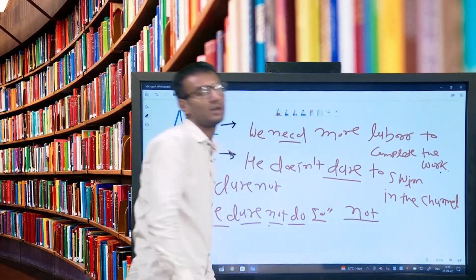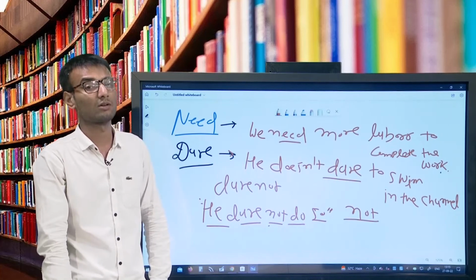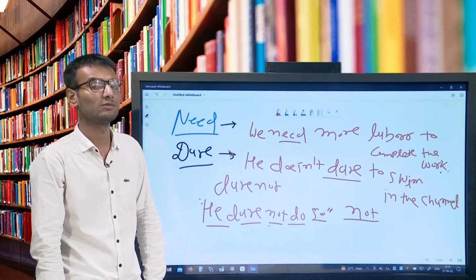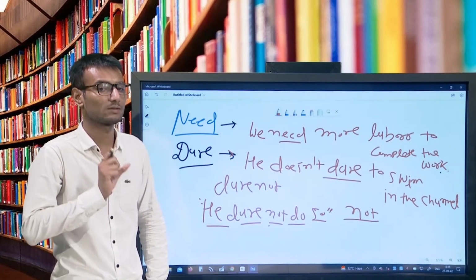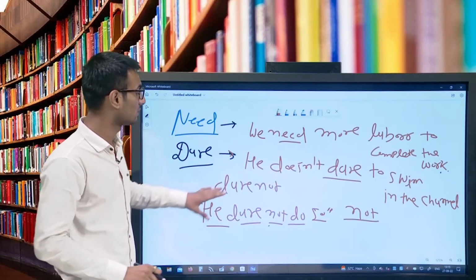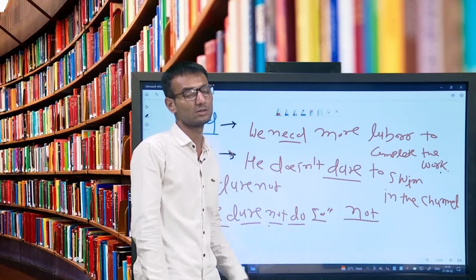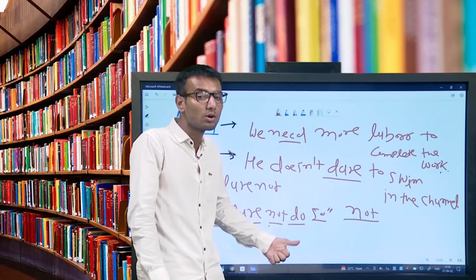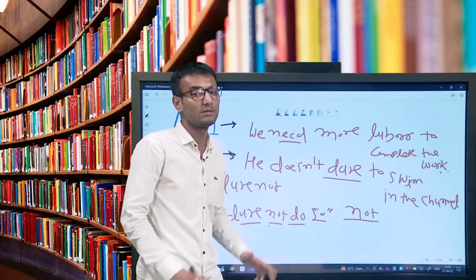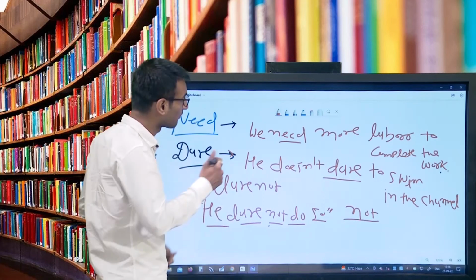Then it is not, like cannot. You cannot do that. When we want to make a negative sentence, just put not, like shall not, should not, cannot, could not, he may not come. As we all know, there are four kinds of sentences.